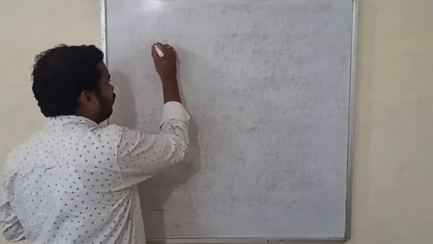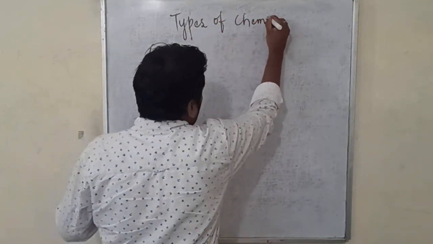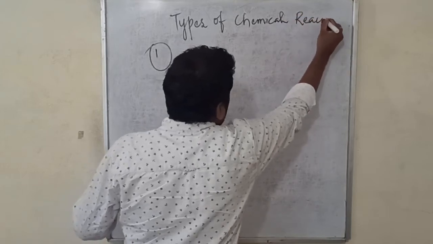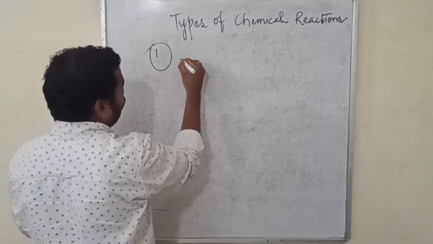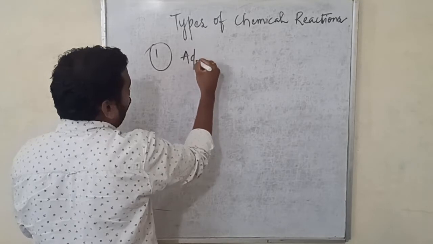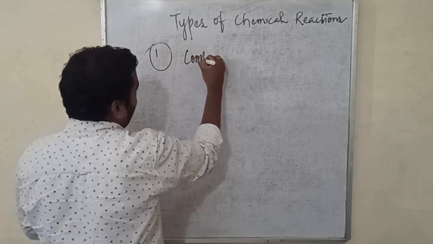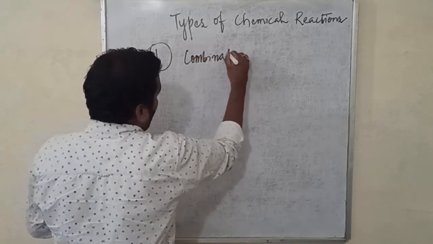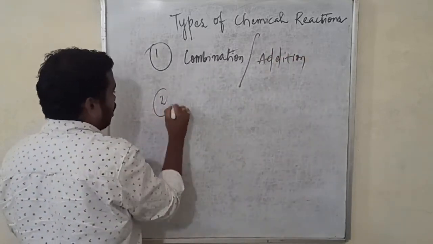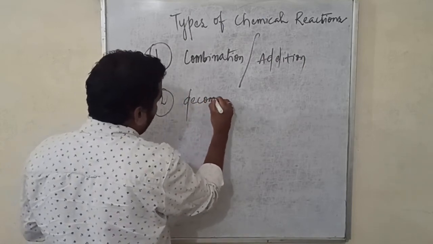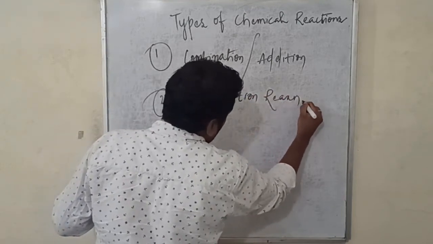At first, types of chemical reactions. First it is addition reaction, or combination reaction, you can say. Next, decomposition reaction.